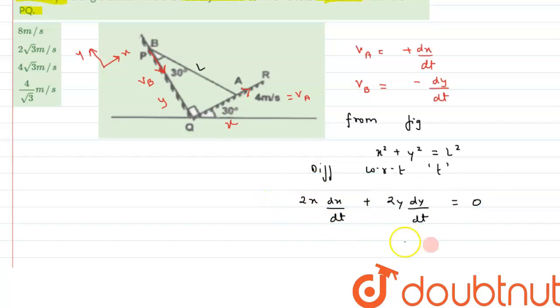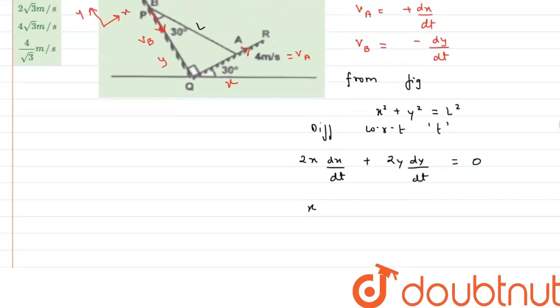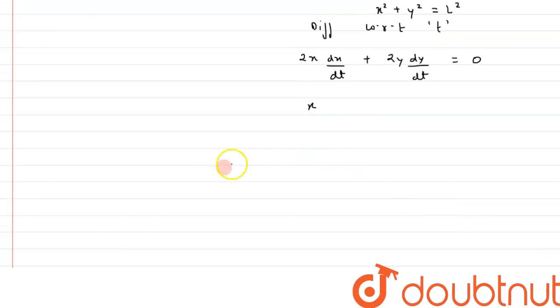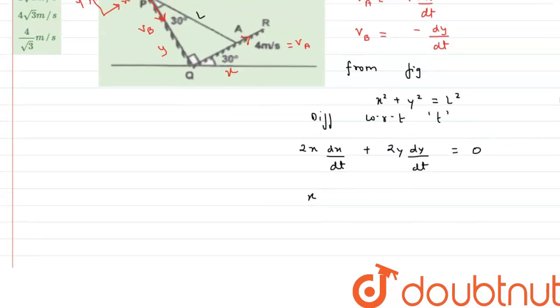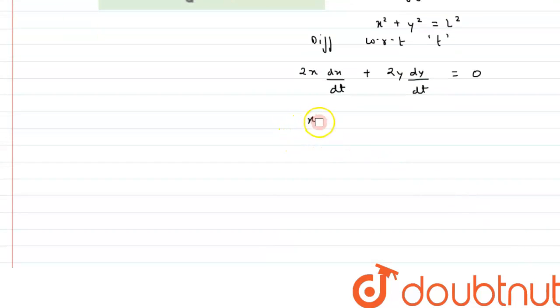From both sides the 2 will get cancelled out, so we are left with x into dx by dt, which is VA. Since dx by dt is positive in our case, it can be written as x VA minus y VB.